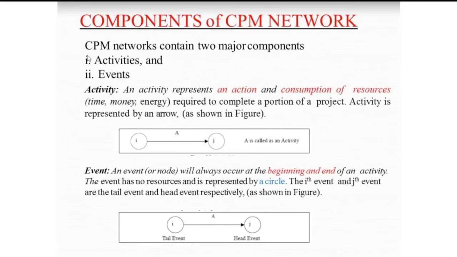So the first one, here we use the letter I, which is the tail event or the beginning of the activity, and the head event, which is represented by letter J. This is the end of an event. So those are the components of the critical path method network.